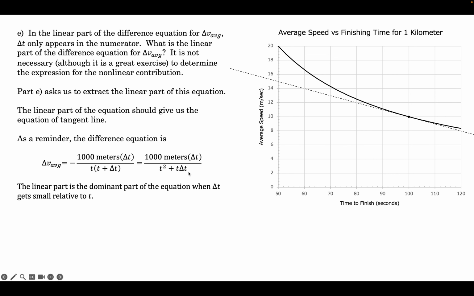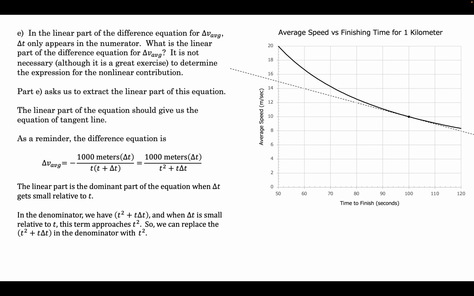If we add a small amount to t squared, it's not going to change it. So we can ignore the t delta t relative to t squared, and we get that. The linear part of delta V average is minus 1,000 meters over t squared, times delta t.